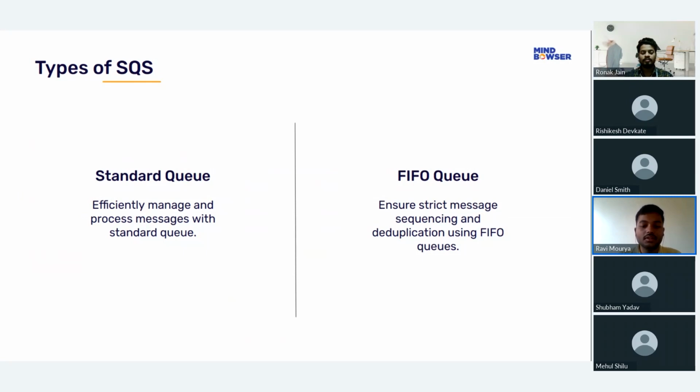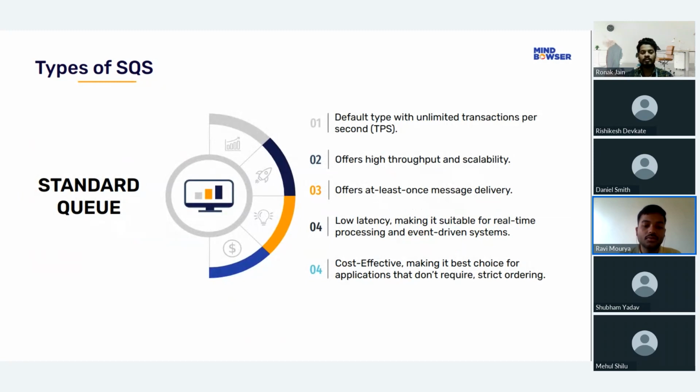So let's first see the standard queue. Standard queue is designed for handling any amount of data. It can handle millions of transactions per second. But it also comes with some disadvantages, like it offers at-least-once message delivery, so a message might get delivered twice to a consumer.